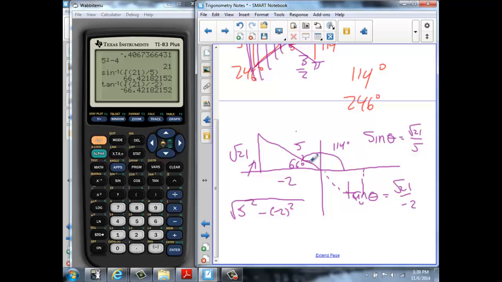Does that make sense? So I guess, a summary of the biggest thing kids struggle with is when you inverse to find an angle, your calculator will find you an angle, but it might not be the angle you thought you were finding. And then you have to work backwards and figure it out for the right angle.